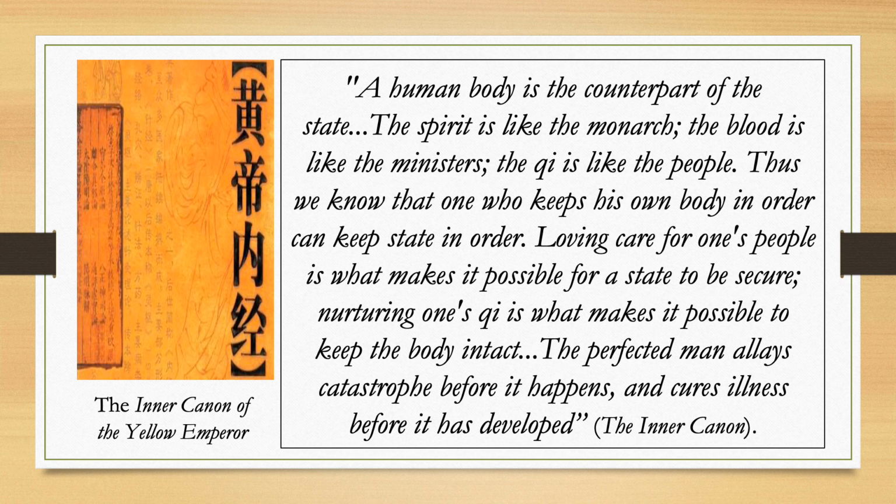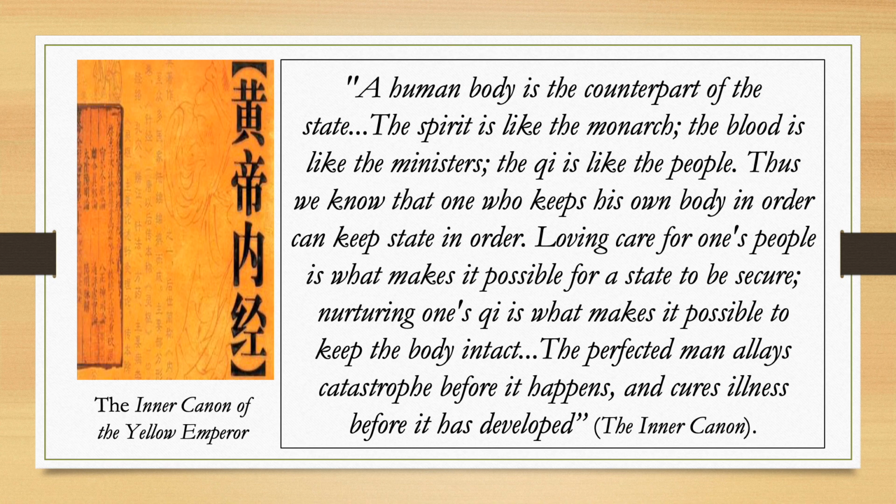The goal of medicine, according to the Inner Canon, is to discover the natural order of the universe and adjust one's behavior to it. Disease is thus the result of one's failure to live in accordance with the natural rhythms of the cosmos.